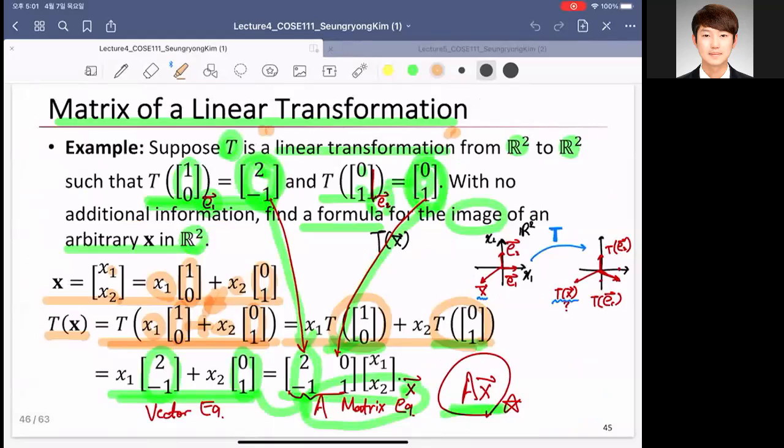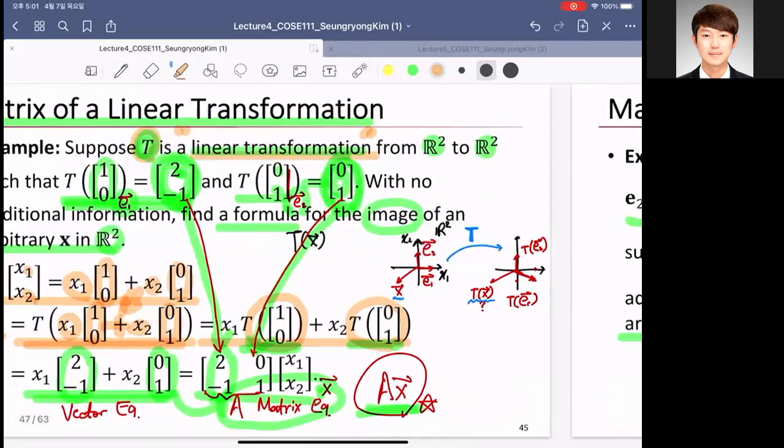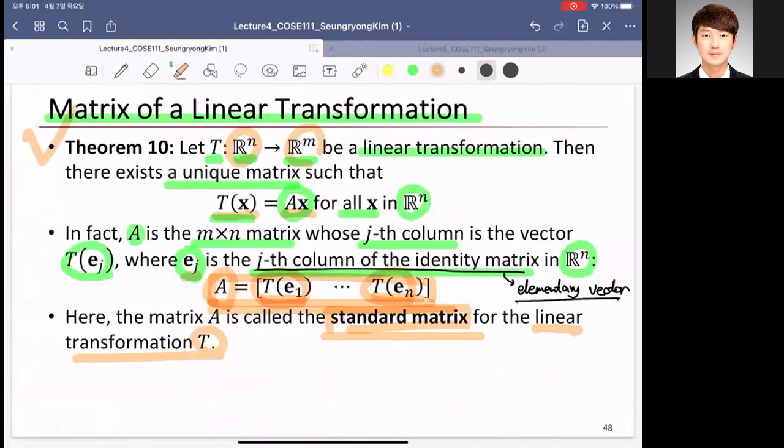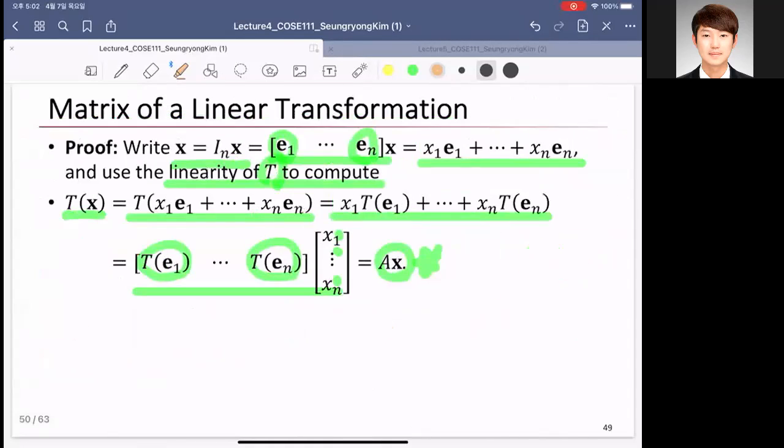If the transformation T is linear, there is a corresponding standard matrix A, defined by the transformation of the elementary vectors: matrix A consisting of T(e1), T(e2), ..., T(en) as column vectors. So that was the standard matrix.